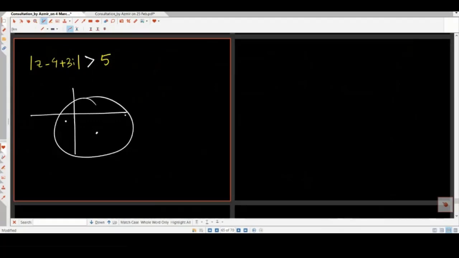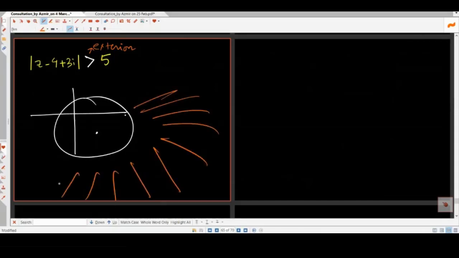The circle is always the same, but if we need to describe what it means, since greater than is present, it will be the exterior region. That means we have the outside of the boundary. We have the outside region.